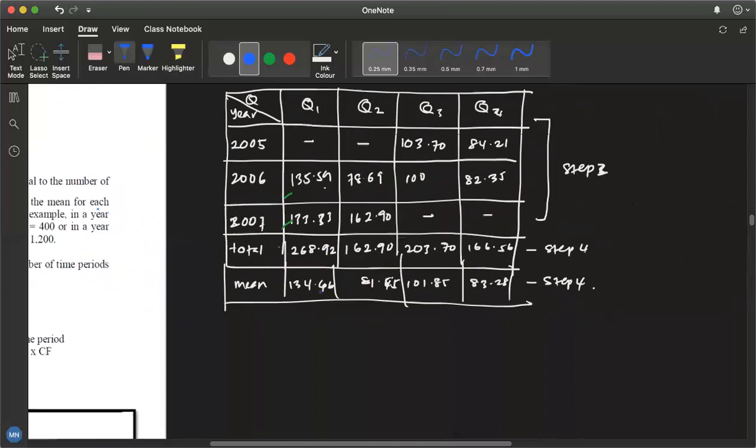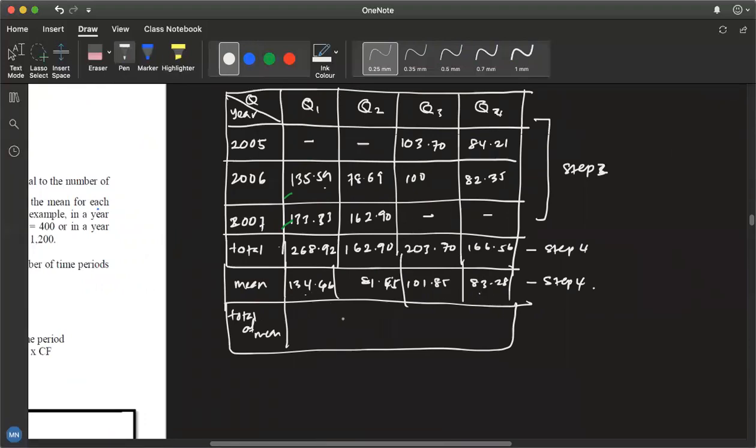So now we need to calculate the total of the mean. So the total of the mean, we add the values 134.46 plus 81.45 plus until 83.28.